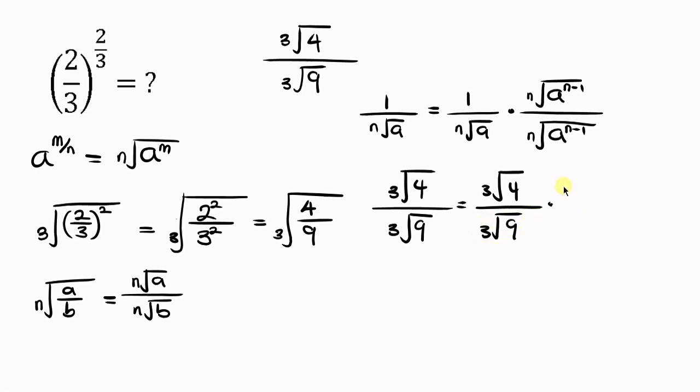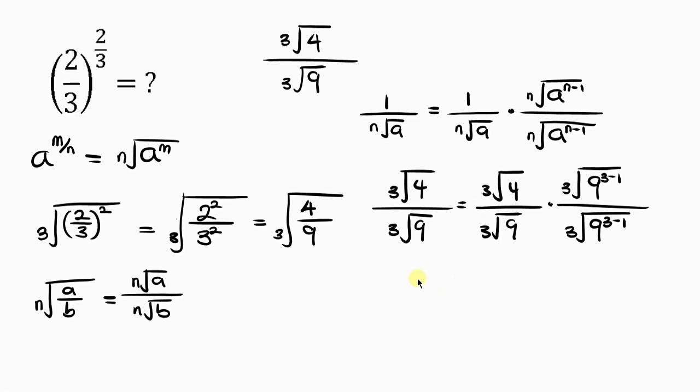So we take the denominator, the third root of 9 to the n, remember our n is 3, that's 3 minus 1 all over, we do the same thing on the denominator, the cube root of 9 to the 3 minus 1.